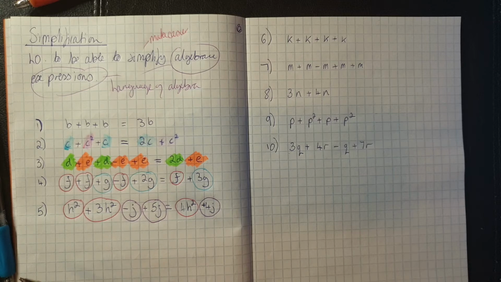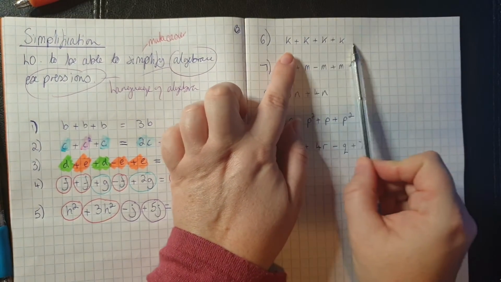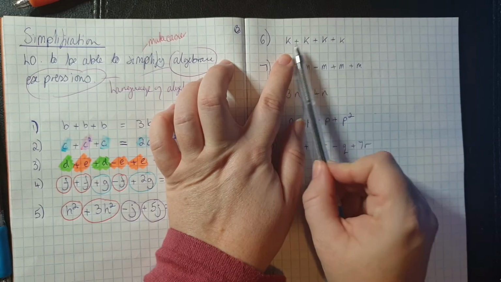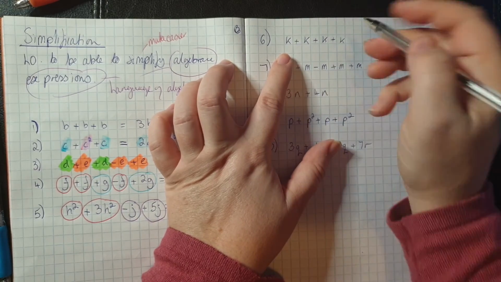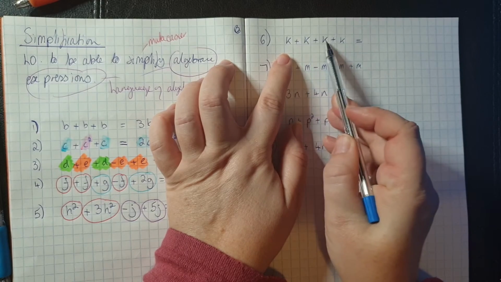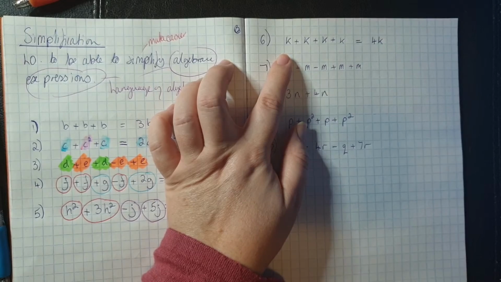Okay, let's go through these answers. So on this first one, all the letters are the same and none of them have got any indices. So it means that this is fairly straightforward. How many K's have we got? 1, 2, 3, 4. So we get 4K.